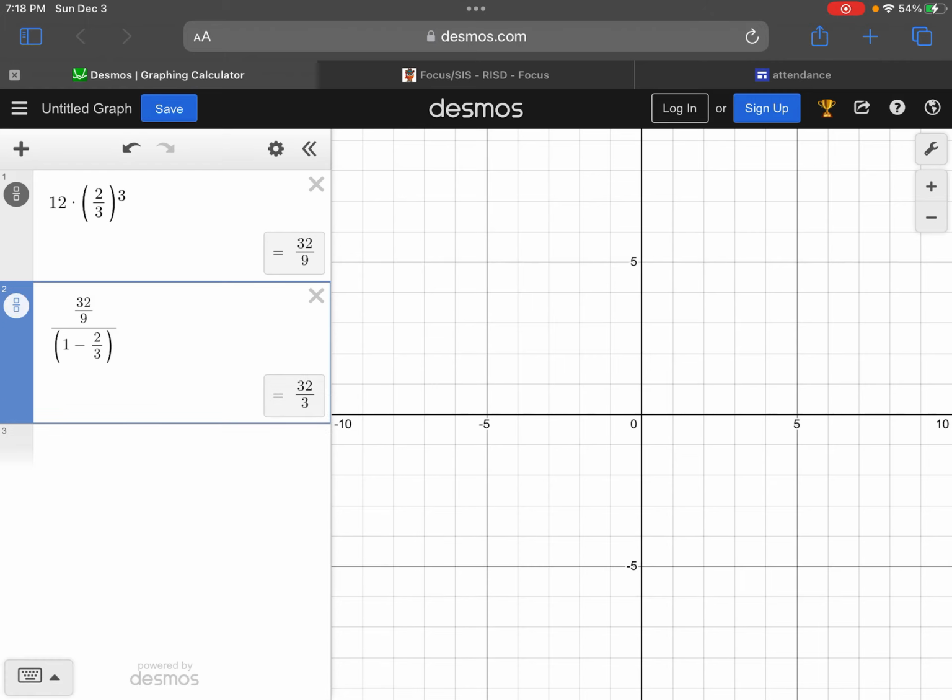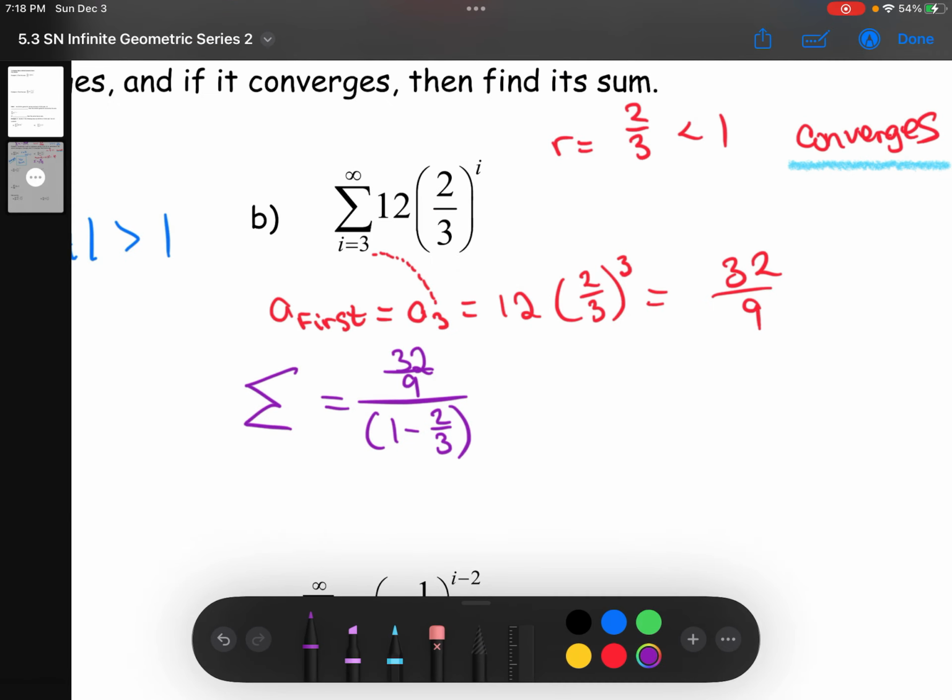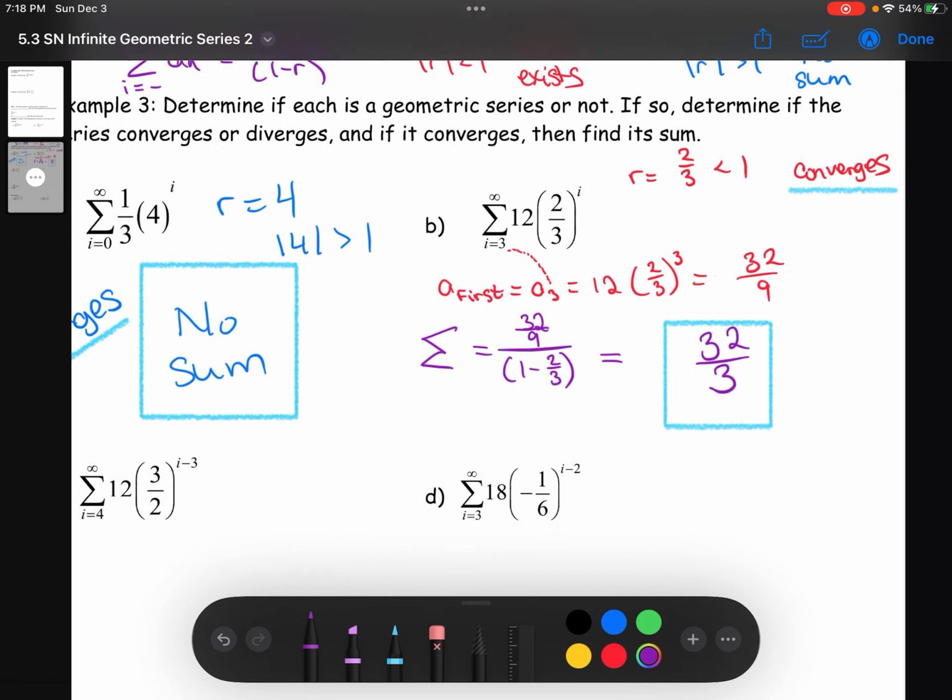Okay, again, I'm going to touch the little fraction thingy over here, and we get 32/3. So 32/3 is this infinite sum. 32/3, final answer.